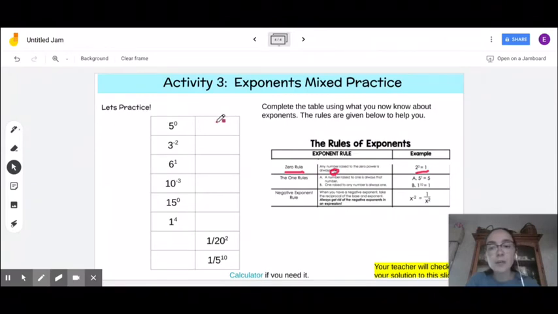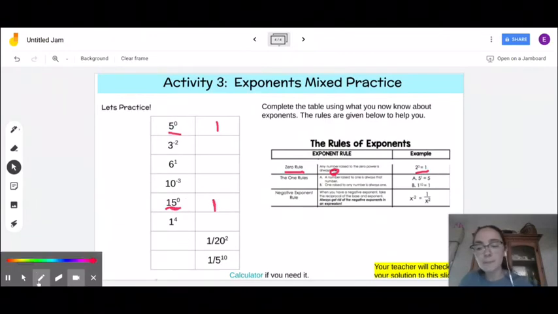So I can right away say that's going to be 1. Do I have any other numbers here raised to the 0 power? Look at this one here, raised to the 0 power. So his value is also going to be 1. Okay, got that one done.